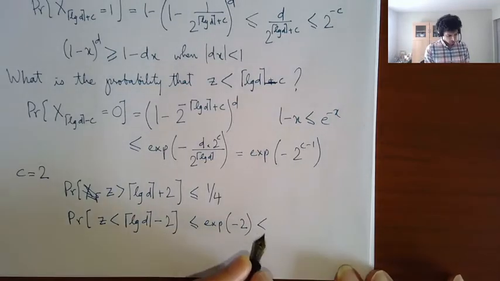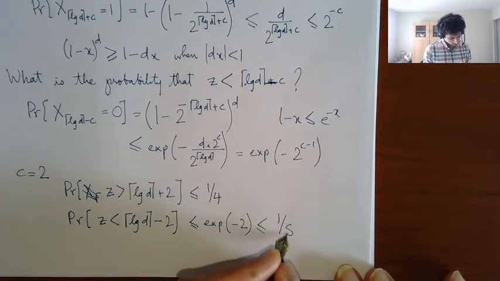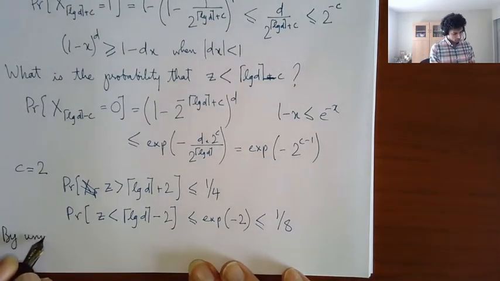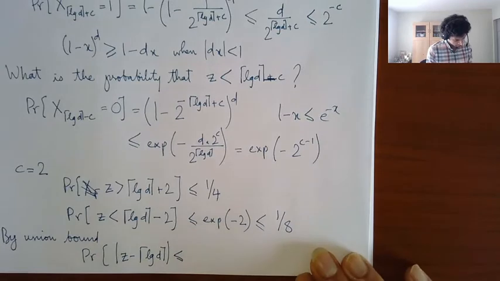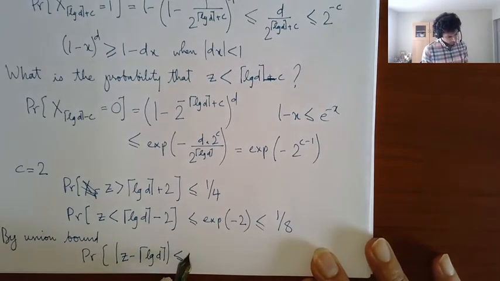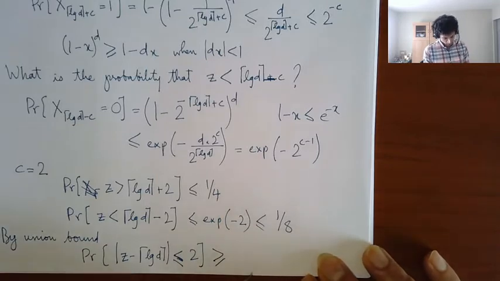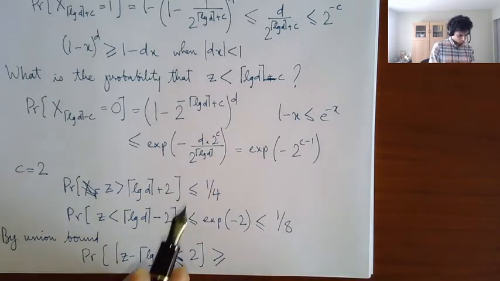It's actually much smaller, so we can say it's less than 1/8. So by the union bound, the probability that the absolute value of Z minus log D is less than or equal to 2 is at least, so does that give you a 1/3 probability of error?